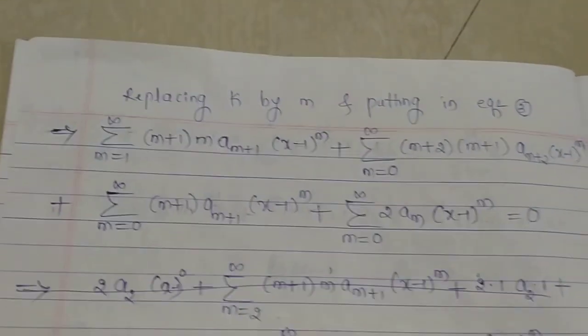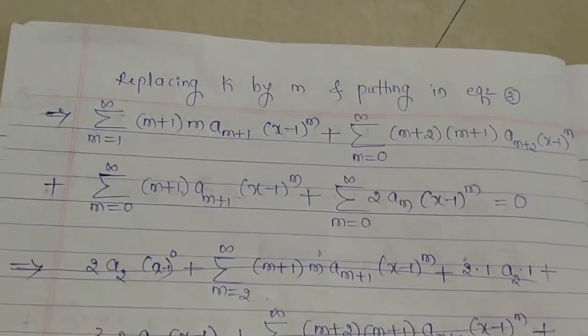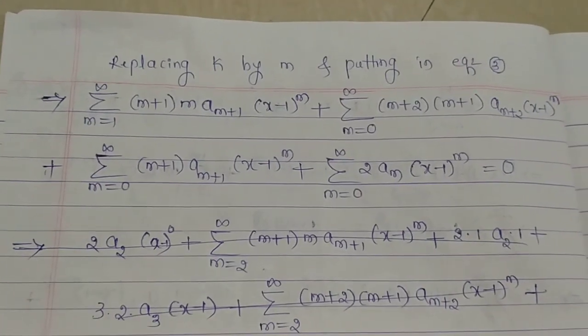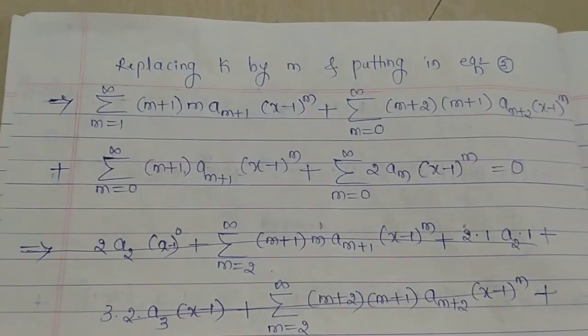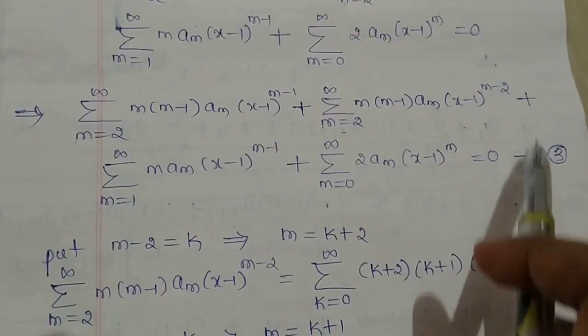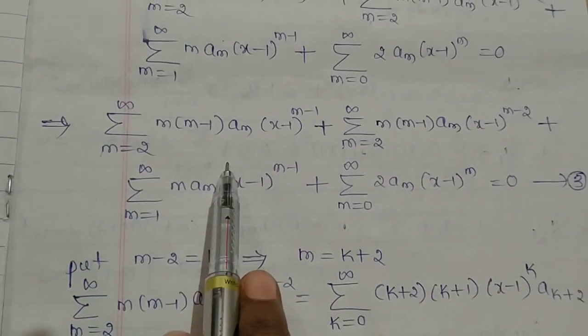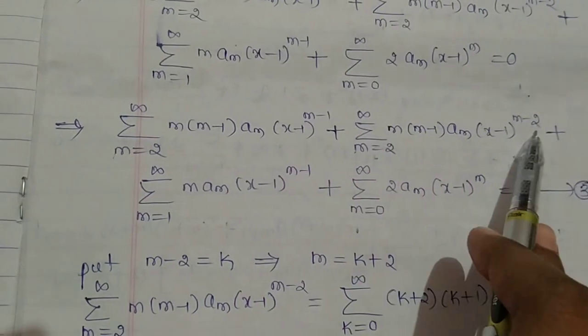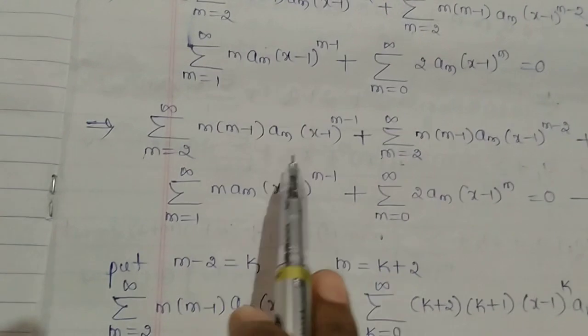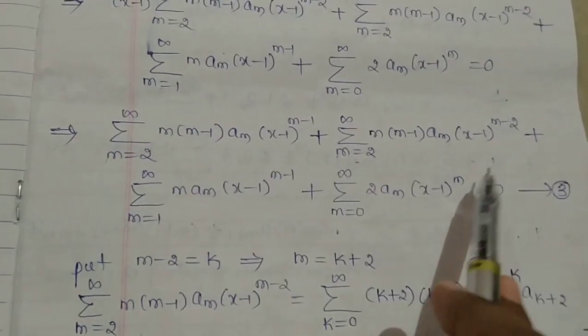So as we discussed in the last class, I have to replace all the k's by m, and substitute in my equation number 3, that is this particular equation. In this equation we have changed these powers to k. Now we have to replace that k by m, and again write equation 3.